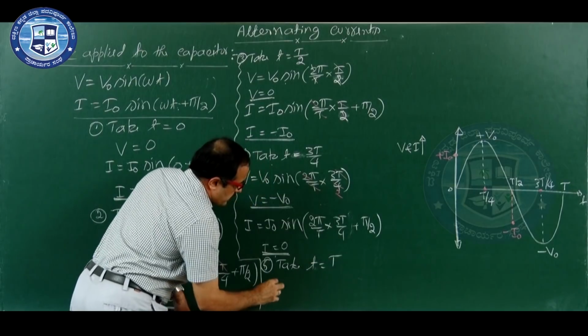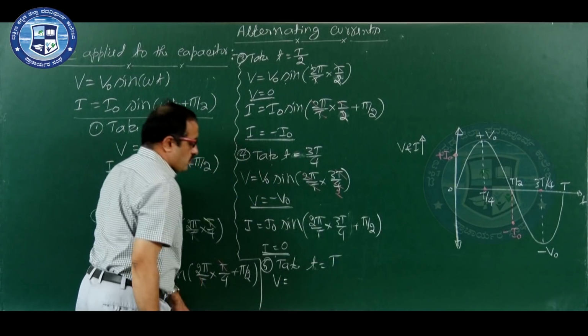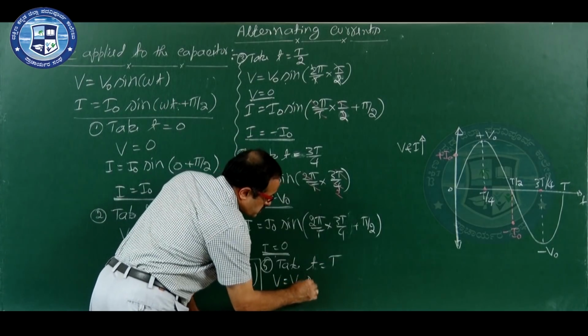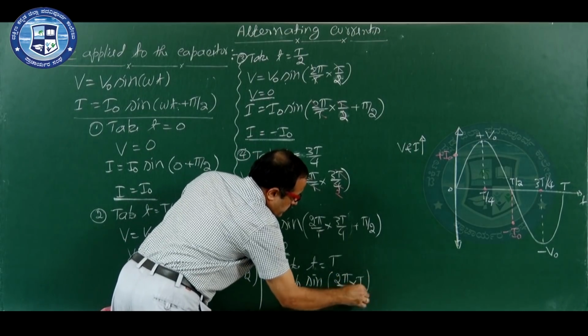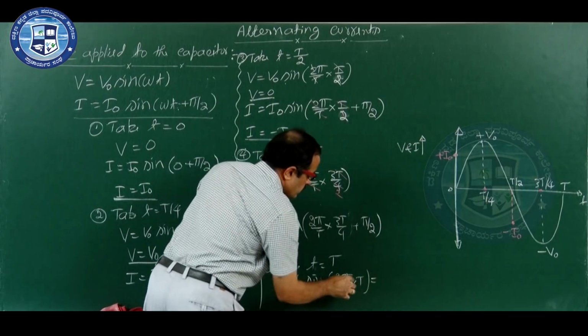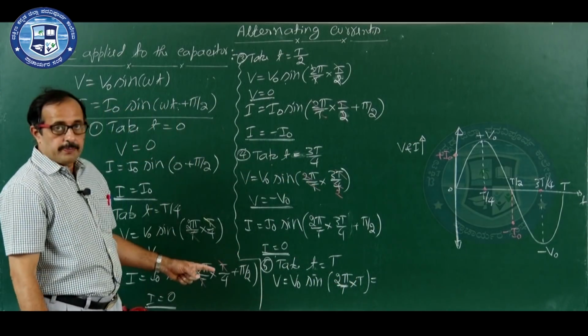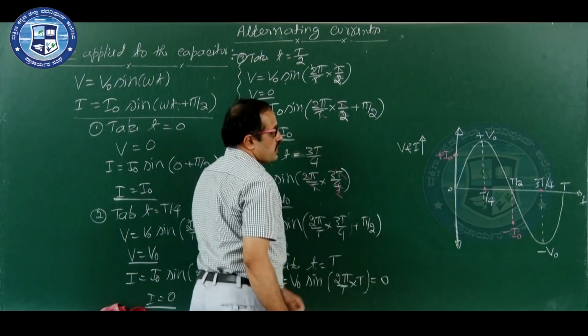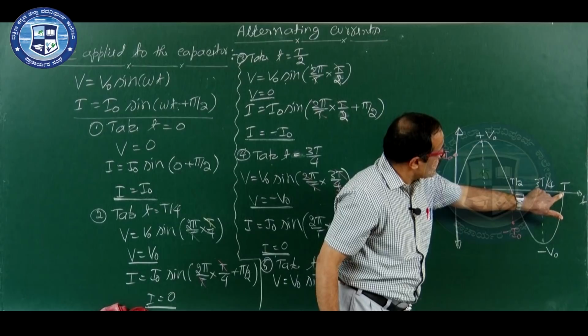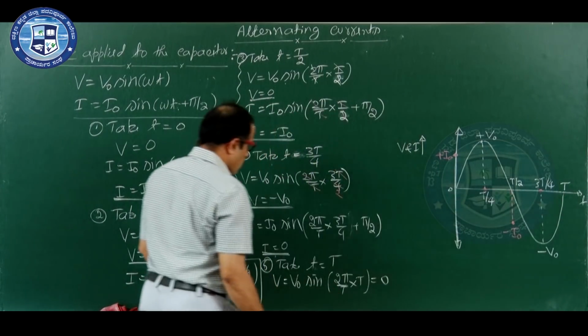Take t equal to capital T, voltage is equal to V naught sin 2 pi by T into T. T cancel, sin 2 pi. Sin 2 pi is 0, therefore voltage is 0, that is this point. When time equal to capital T, voltage is 0. What about current?